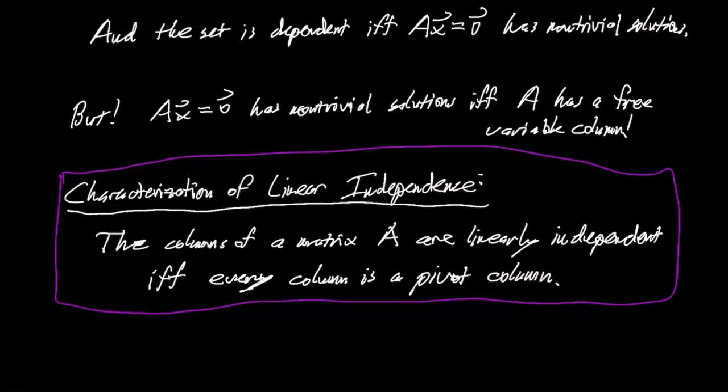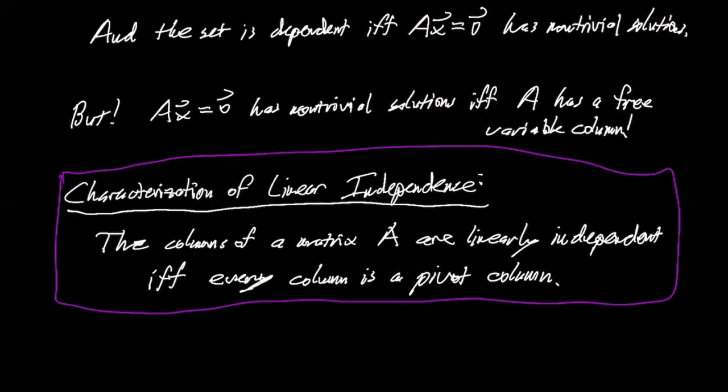If there's a pivot in every column, yes, it's a linearly independent set. If there's not a pivot in every column, no, there's some linear dependence. You can find it by solving Ax equals 0, and the solutions tell you the dependencies: the scalars you would scale the vectors by to get the dependence relation.